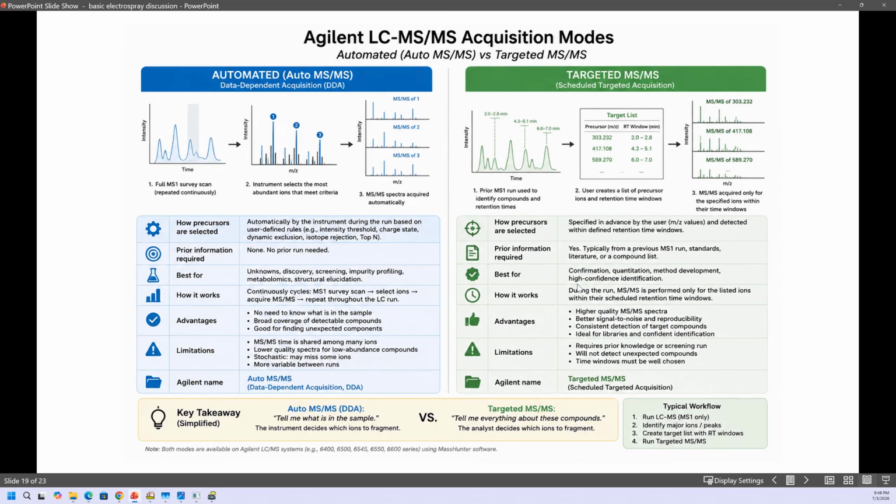And this gives you more samplings across the peak, so you tend to get better data. So a lot of times if you're trying to get the highest quality MS2 spectra, this would be the way. But of course, this takes a lot more time if you're having to do this on every sample. So the automated actually works reasonably well, or very well actually. So usually you run that, but sometimes you'll want to run a targeted run.